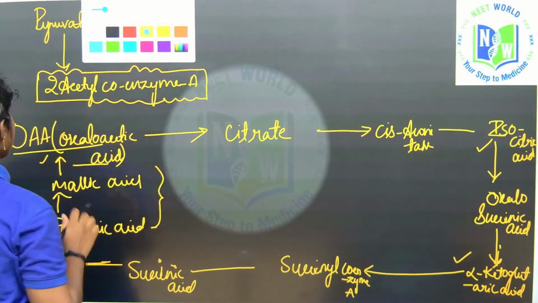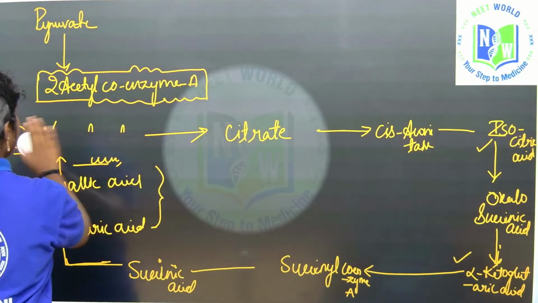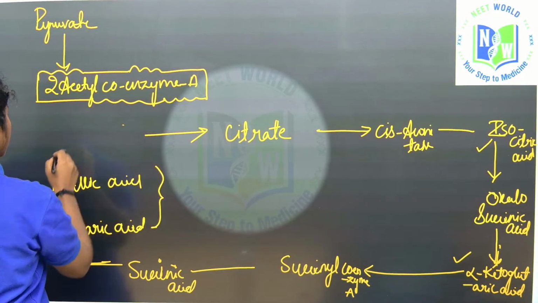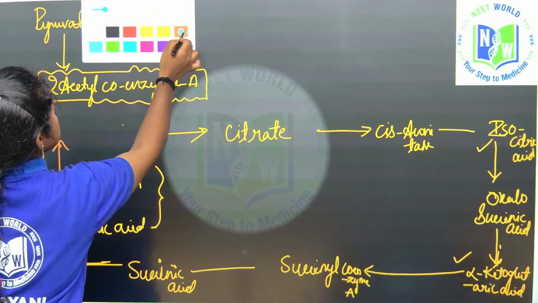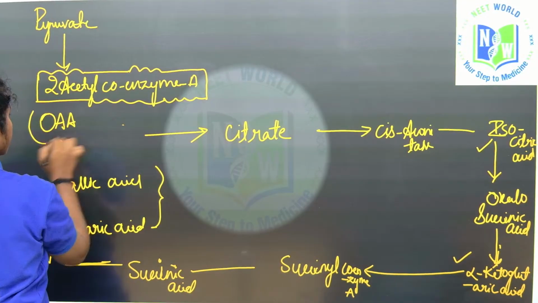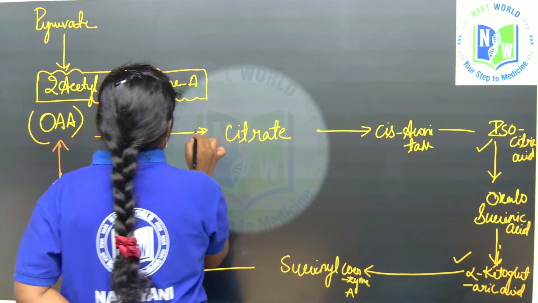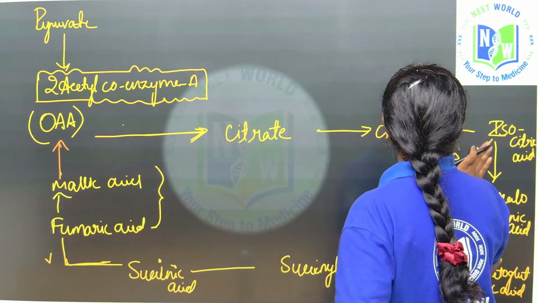First, in the four corners there is a production of reducing equivalents, right?